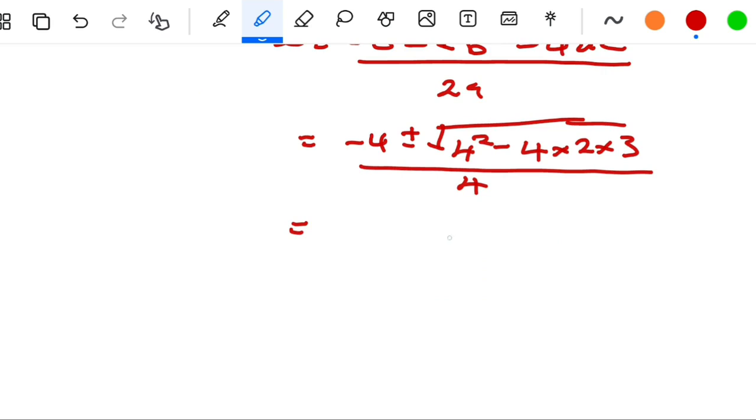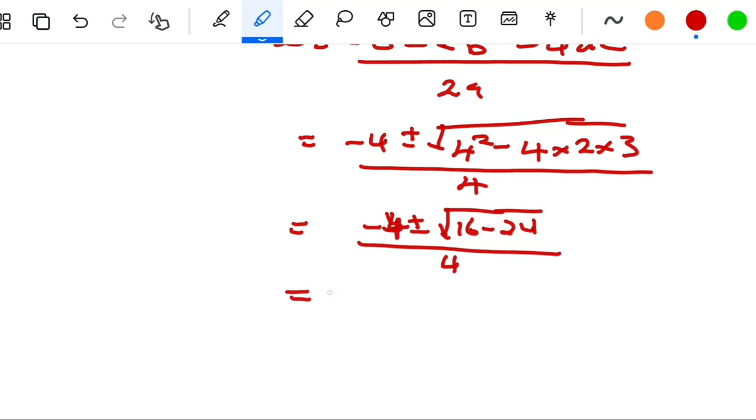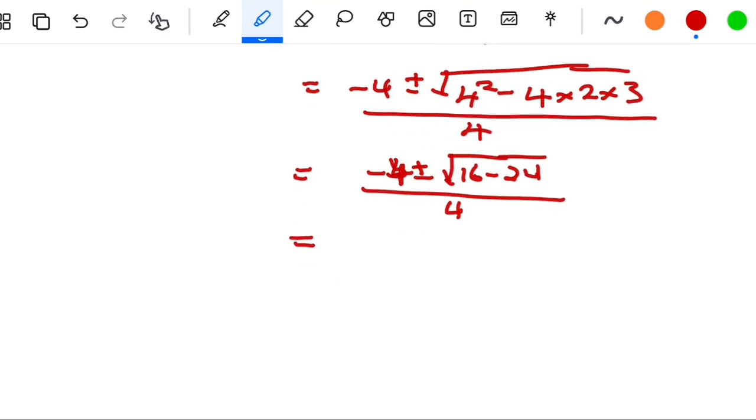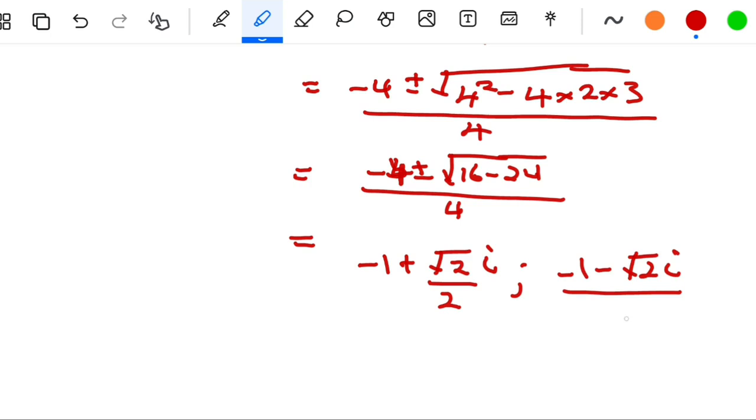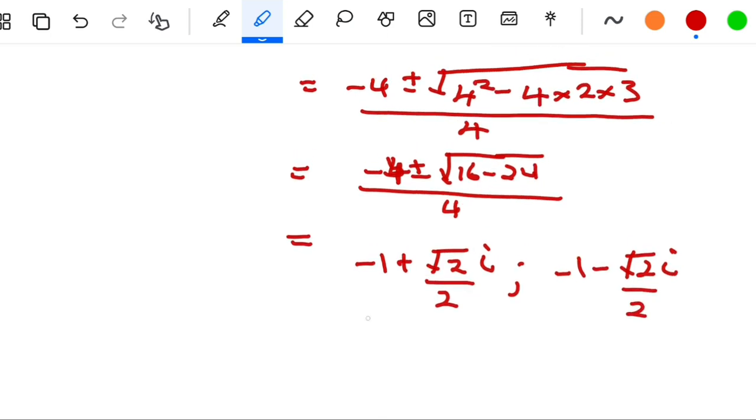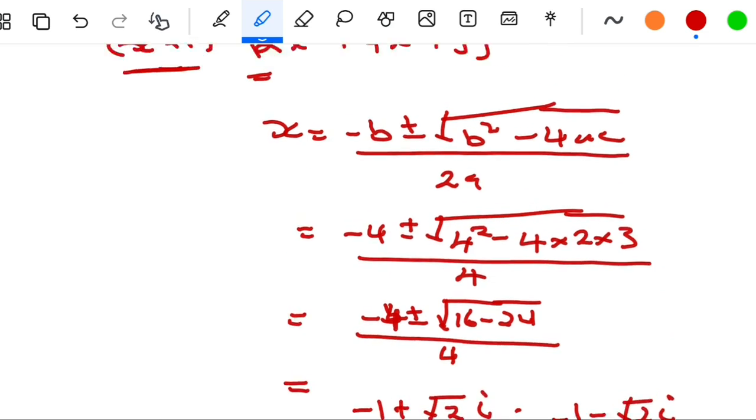This is going to give us minus 4 plus or minus root of 16 minus 24 over 4. Then I'm going to just put this one on the calculator first, and it's going to give us minus 1 plus root 2i over 2 and minus 1 minus root 2i over 2. So these are our other two roots.